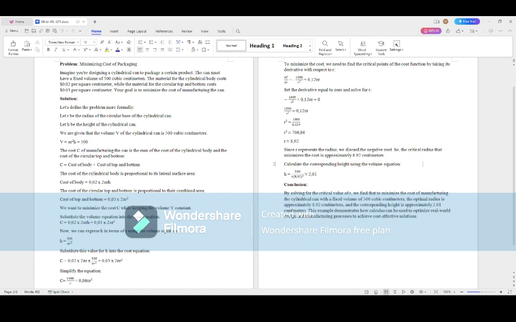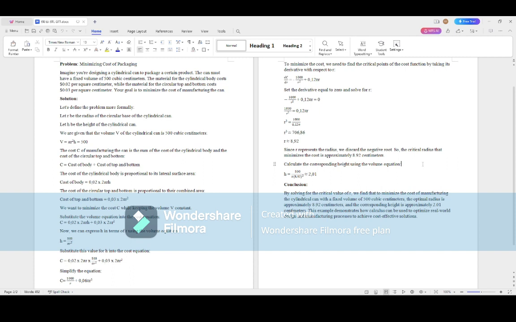So we go to my problem, minimizing cost of packaging. So why did I choose this problem? In our daily life, we often encounter scenarios where we need to make efficient and cost-effective decisions. One such scenario involves designing packages for a cylindrical product.